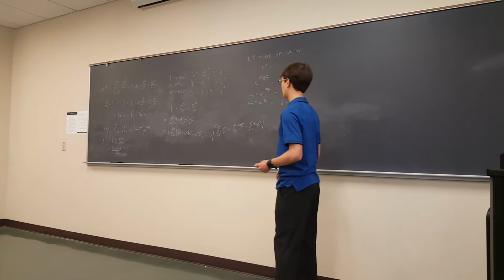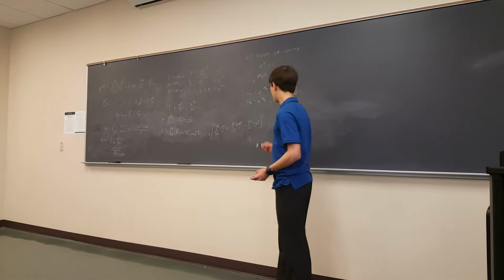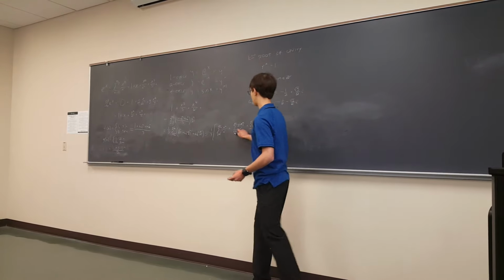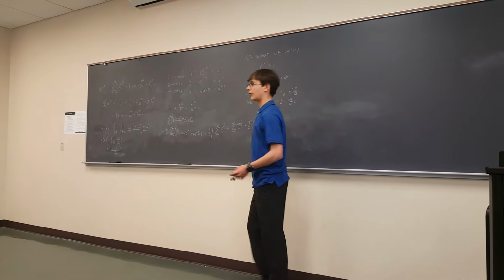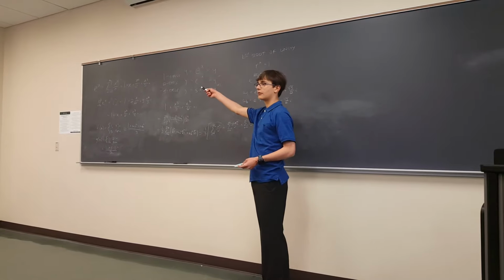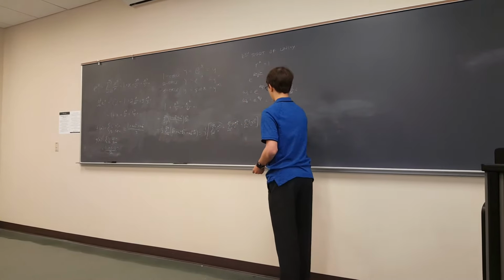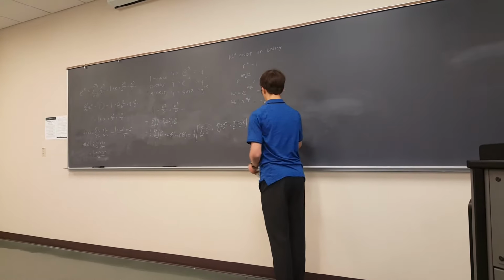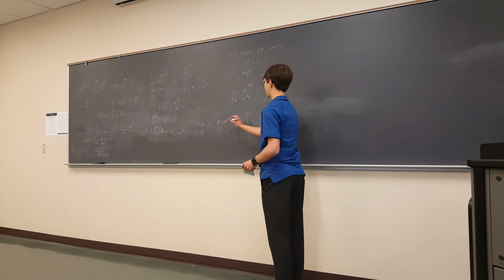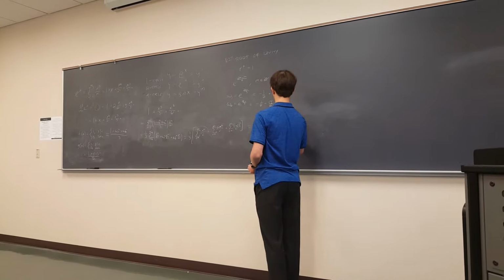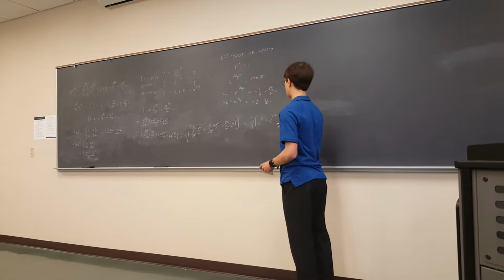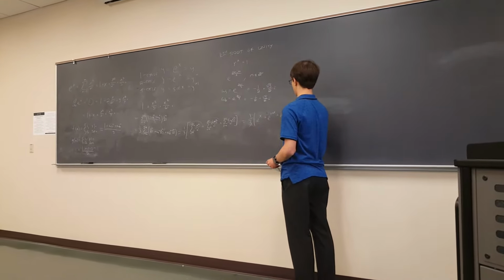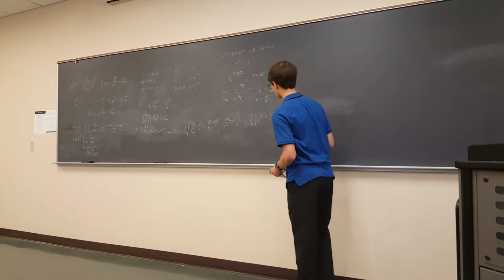And then from here, we can recognize that each of these terms is just the original exponential series. So we can write this as 1/3 times e to the x, plus e to the omega 1 x, and then the final one is plus e to the omega 2 x.